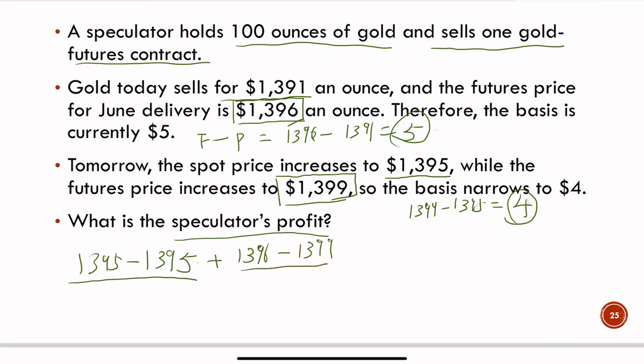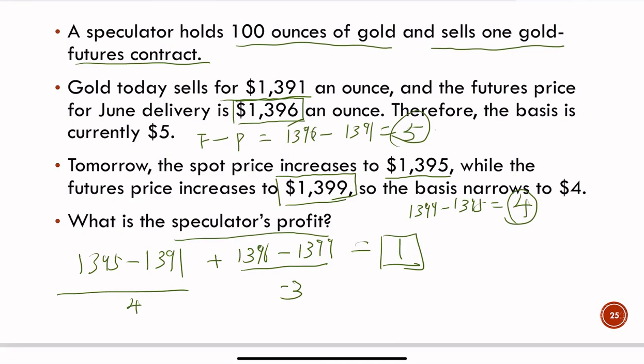So this gives us, sorry, I should use 1399 here. So this is 4, this is minus 3, so it's 1, right? So per ounce, this speculator will earn $1.